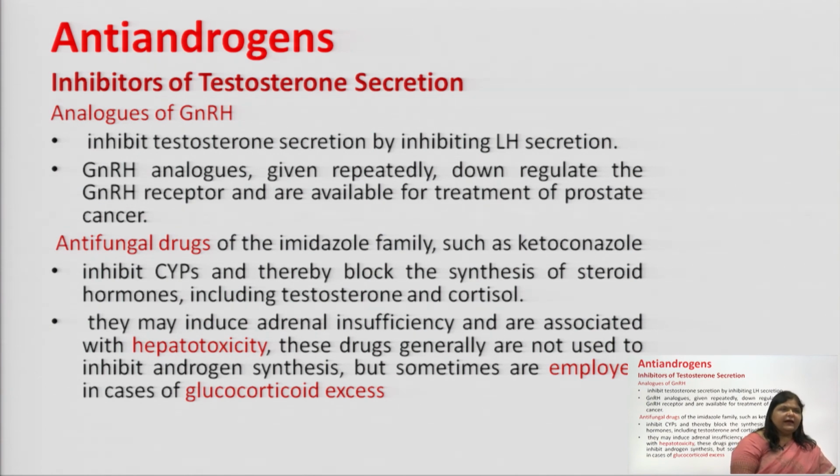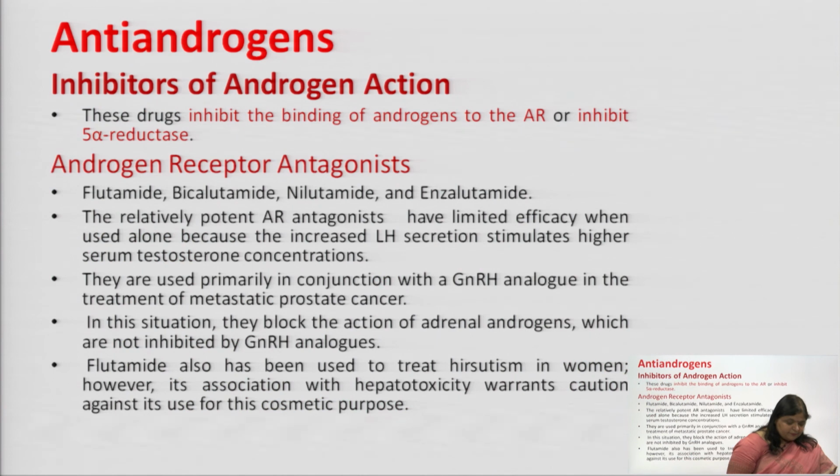Then there are certain antifungal drugs also like ketoconazole, which can be used as anti-androgens, or they can inhibit the secretion of testosterone. Then another type of drugs are inhibitors of androgen action. Now, these are the drugs which inhibit the binding of androgen to the androgenic receptor, or they inhibit the 5-alpha reductase enzyme.